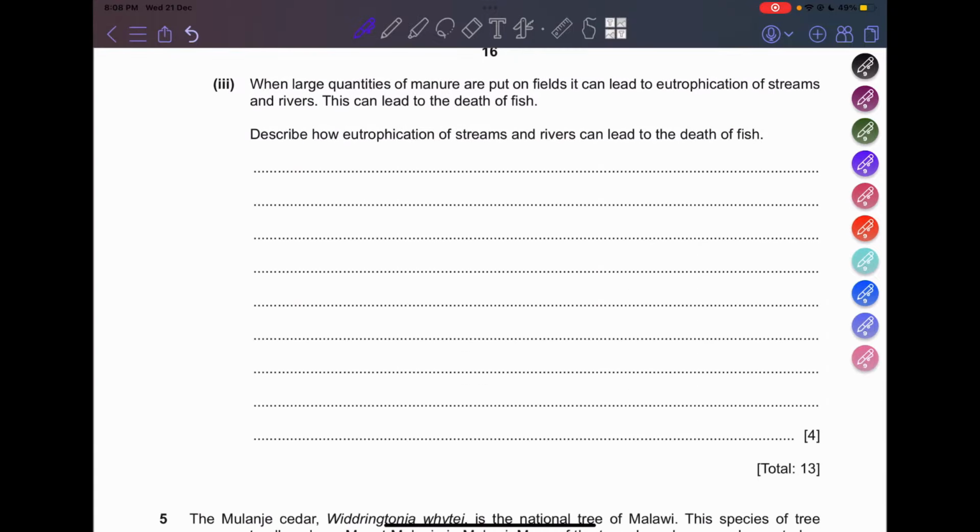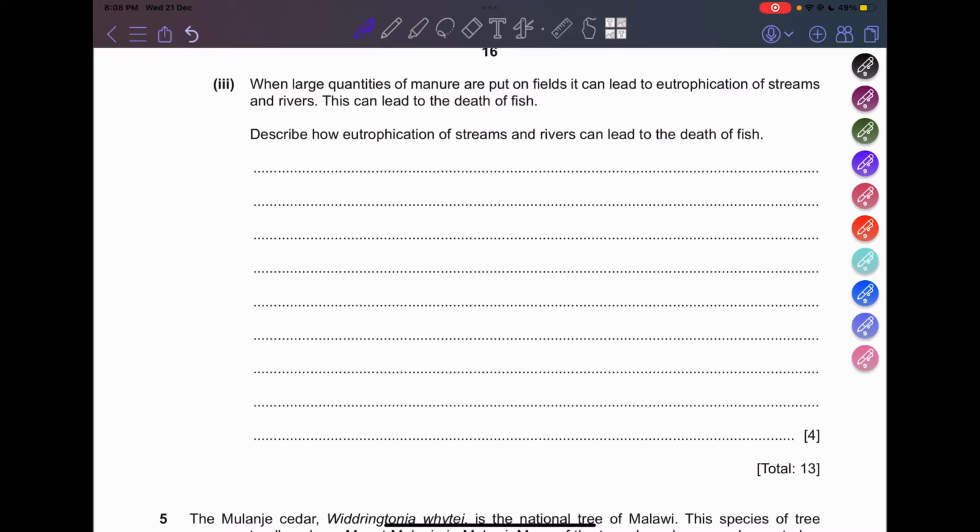When large quantities of manure are put on fields, it can lead to eutrophication of streams and rivers. This can lead to death of fish. Describe how eutrophication of stream rivers can lead to the death of fish. You're going to describe the whole eutrophication process, which is starting off from excess fertilizer being thrown into the rivers by leaching, for example.